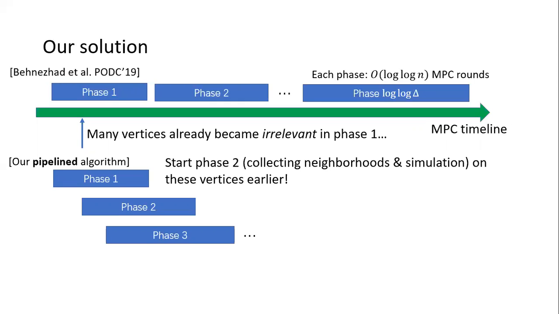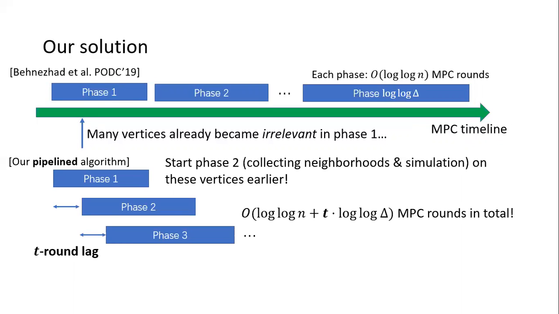We'll pick a parameter t, and after the start of phase 1, we wait for t MPC rounds and then start phase 2 and so on. So the total round complexity is log n plus t times log delta.